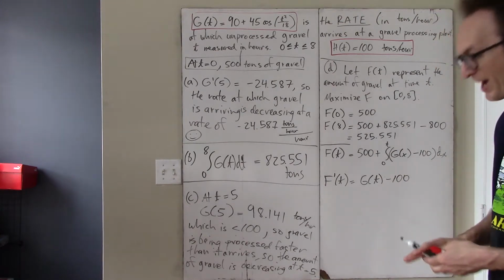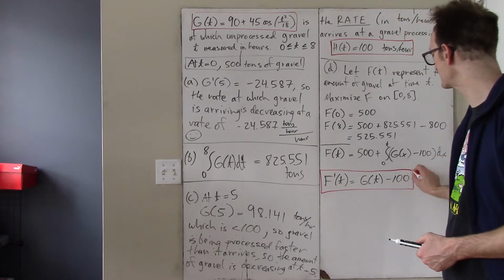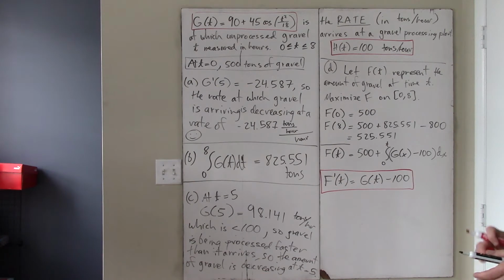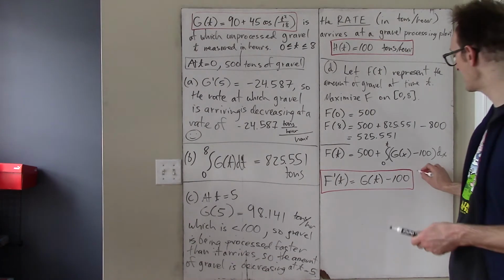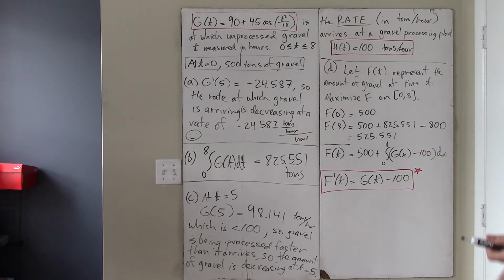Okay, it was also possible to just go straight to this and skip the step where I created an integral function and then differentiated it. But I think this is worth doing. In this case, maybe not, but in general, this is nice. So what I now have is an expression which represents the rate of change of the amount of gravel.